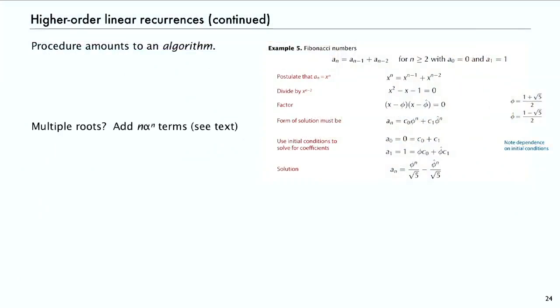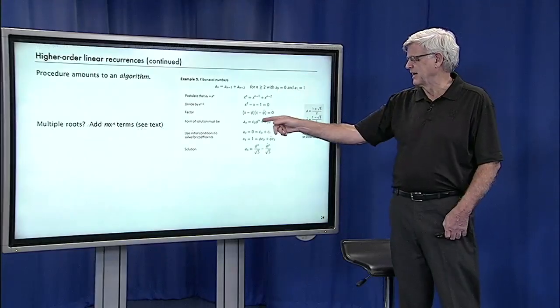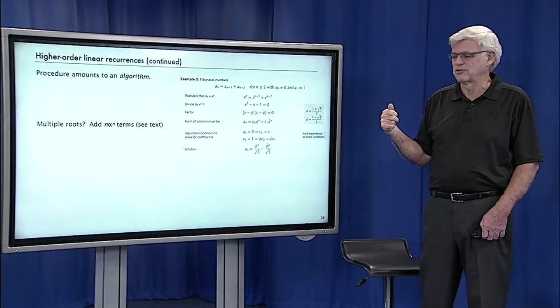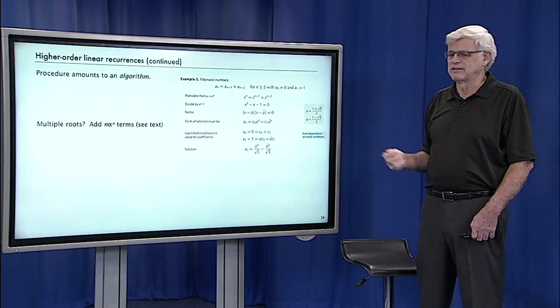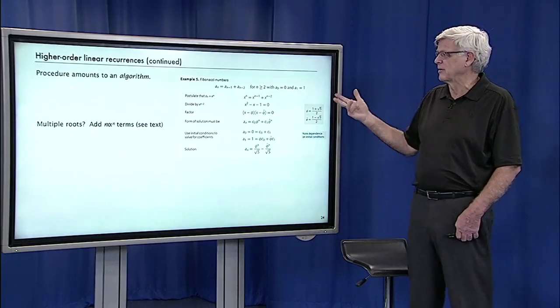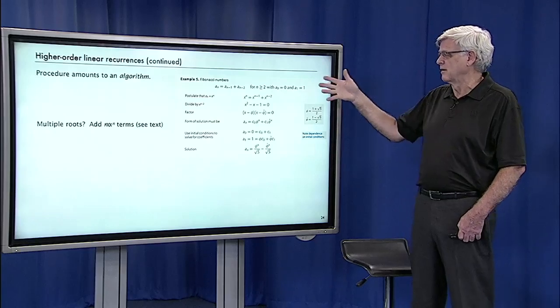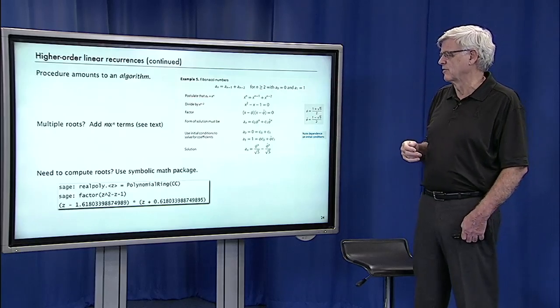That is, given any recurrence, we can go through this and come up with a solution, and that's ideal. Actually, there's one case that we didn't consider, and that is, what if the roots are the same? If the roots are the same, then we get an n times the root to the nth term in there, and that's discussed in the text. But I'm not going to talk about it now, because again, we're going to do this with generating functions next time.